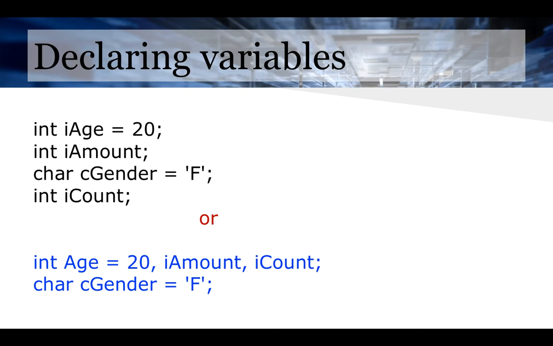Only one of those three instructions provides an initial value, for instance. So rather than having three lines or three instructions, you can use only one because, as you can see, the three of them are integer. So the way to group them together is just to include them in the same line, separating every variable name, with or without an initial value based on each case, by commas. And that's basically it.